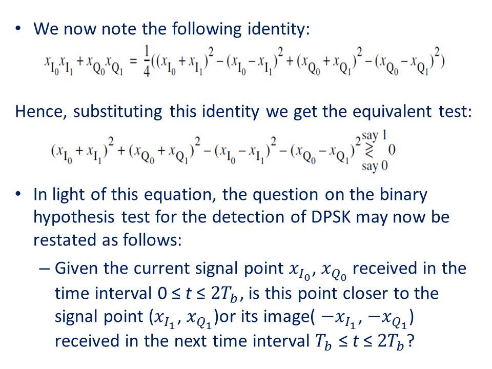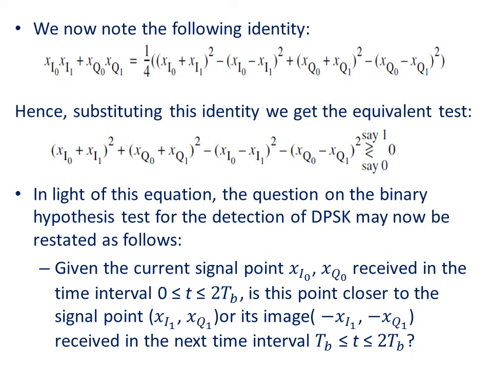We note now the following identity: xi0 times xi1 plus xq0 times xq1, that is the previous equation, is equal to 1 by 4 into (xi0 plus xi1) whole square minus (xi0 minus xi1) whole square plus (xq0 plus xq1) whole square minus (xq0 minus xq1) whole square.